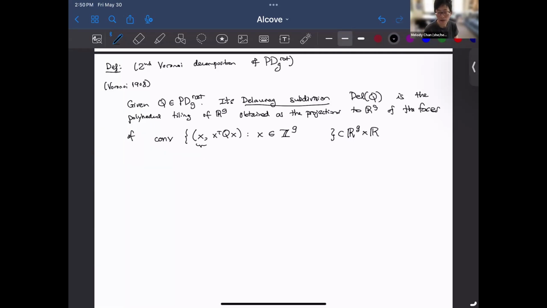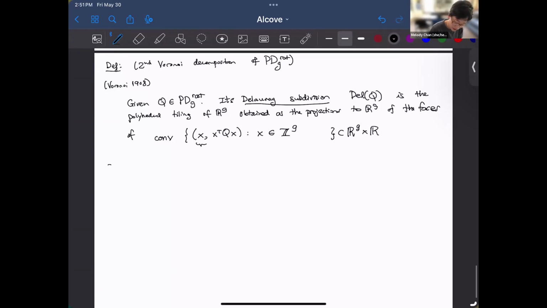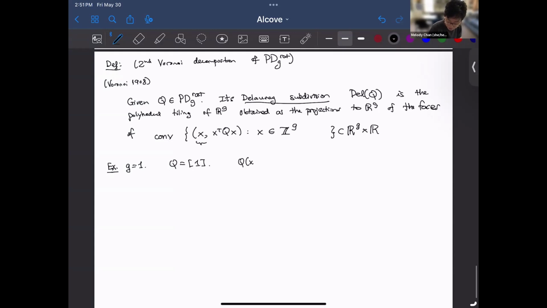Now let's do two examples: the first just to get our bearings, and the second in G equals 2. The first is G equals 1. Consider the 1 by 1 matrix 1, which as a quadratic form sends x to x squared.